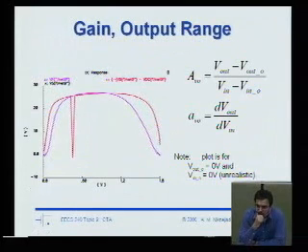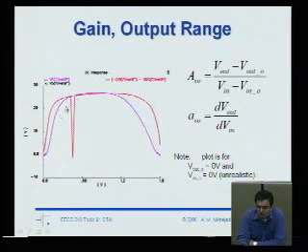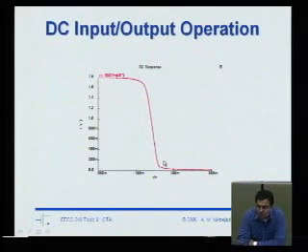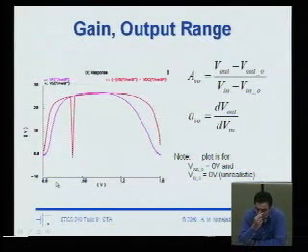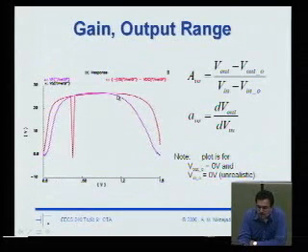If I go into SPICE and plot the small signal gain, I get this first curve. This curve is just a derivative of the DC characteristic, which tells me that out here, my gain goes to 0, as a function of the output voltage. So it looks like for high output voltages, the gain is really bad, and likewise for low input voltages. But then I plot the large signal gain.